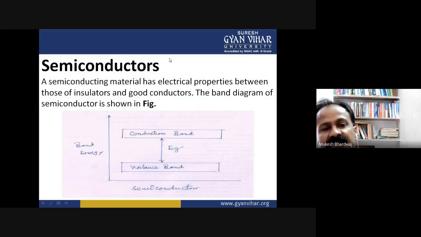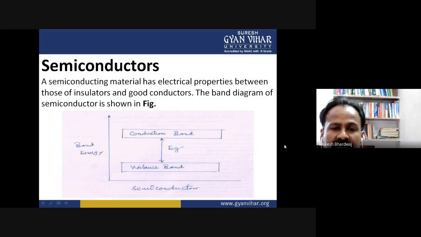So, a semiconductor is an element which lies between the insulator and the conductor, and the properties of the two, lying in the middle, play an important characteristic role in semiconductors. So a semiconducting material has electrical properties between those of insulators and good conductors. The band diagram of a semiconductor is shown.